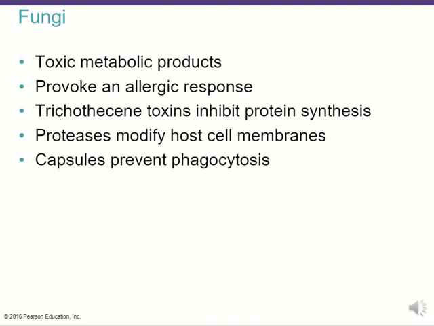They may have proteases that modify the host cell membrane, adding or modifying the proteins on the surface of that membrane. And they may have capsules that prevent phagocytosis, which hampers the ability of white blood cells to engulf and remove infectious agents.